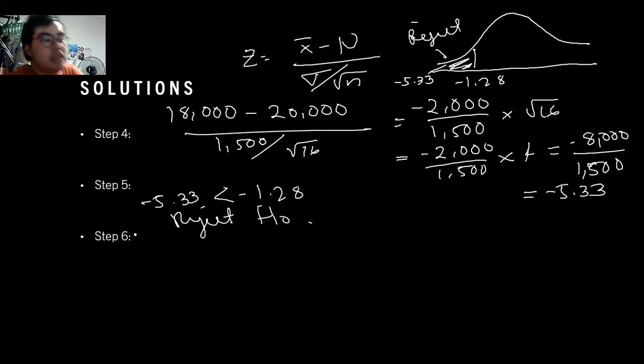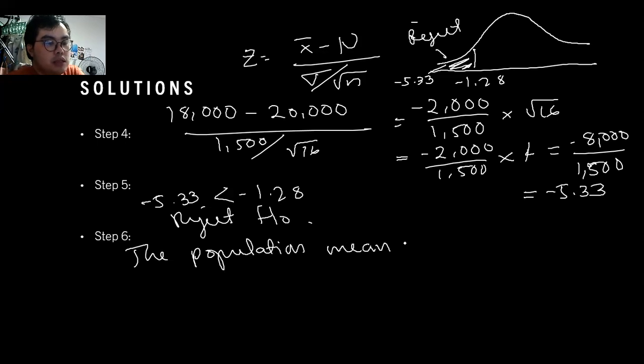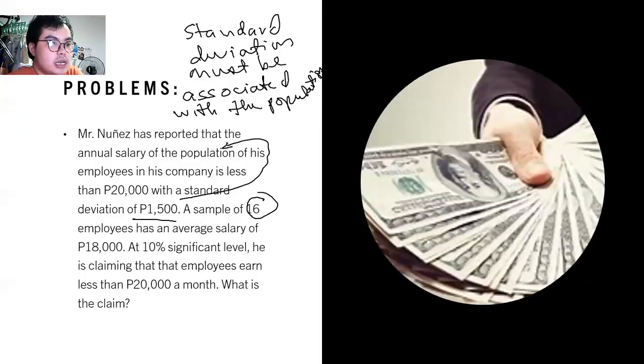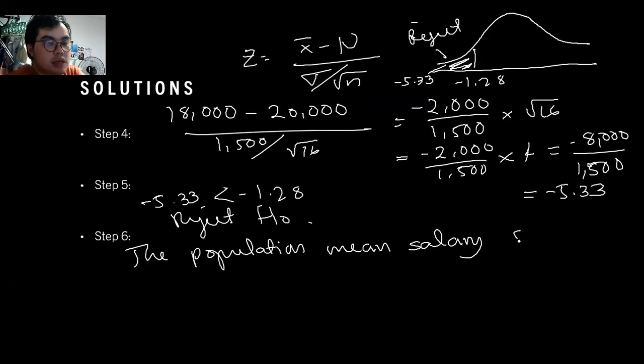So, yung claim natin that the population mean salary, pag sinabing mean kasi average yan ha, is less than 20,000. So, yan 20,000 na yan, yan yung population mean.